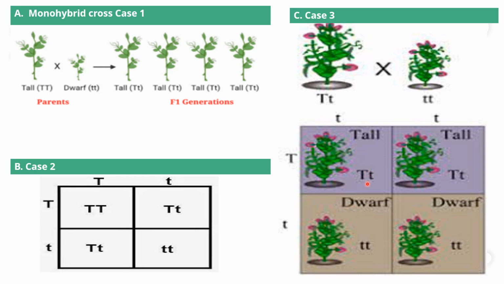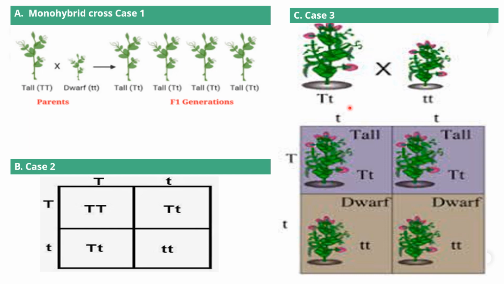That is also a very important question. Here you can see 2 tall plants, 2 heterozygous tall plants we will get. Then 2 homozygous dwarf plants we will get. You can make a Punnett square and find the progenies like this. This is very important. Based on the question, you have to answer what they are given.